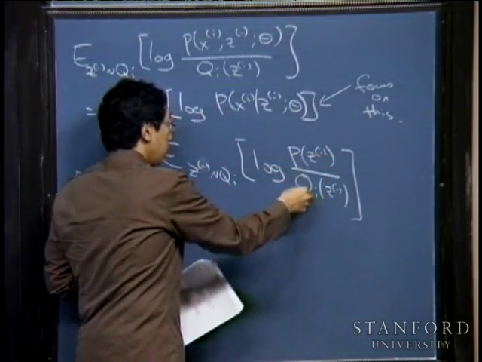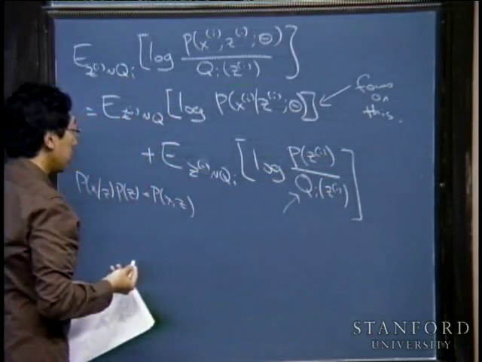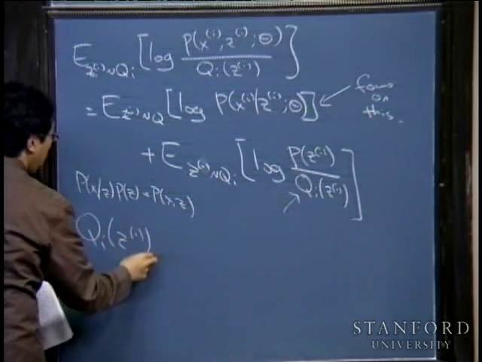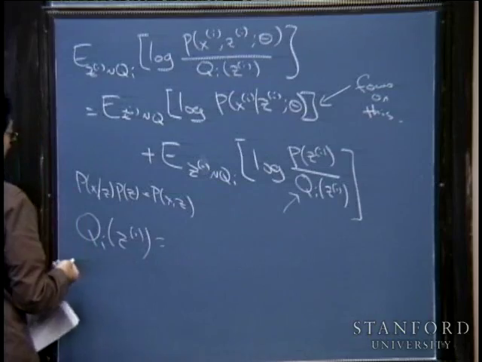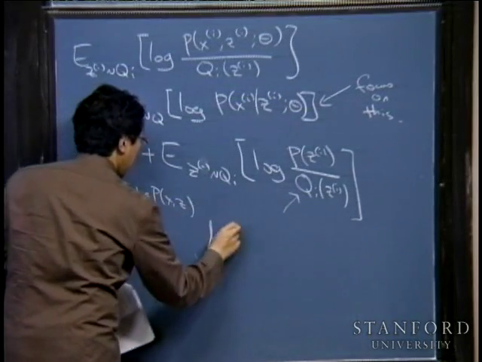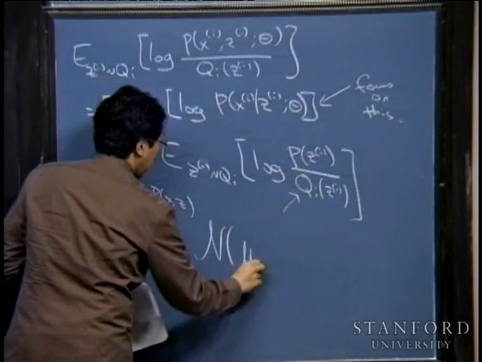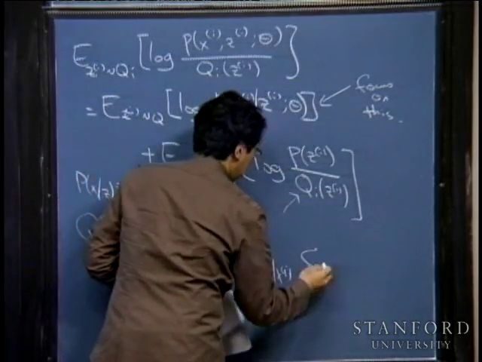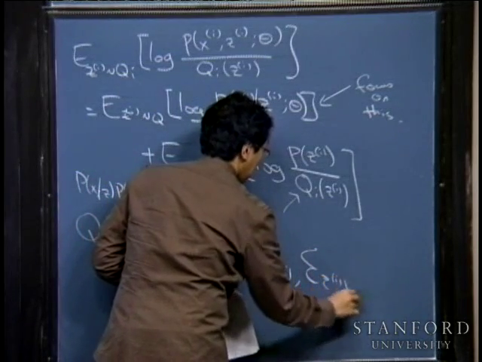But it turns out that Q of Zi will never have any parameters. And in particular, Qi of Zi is this Gaussian distribution, with mean given by mu of Zi given xi and covariance sigma of Zi given xi.